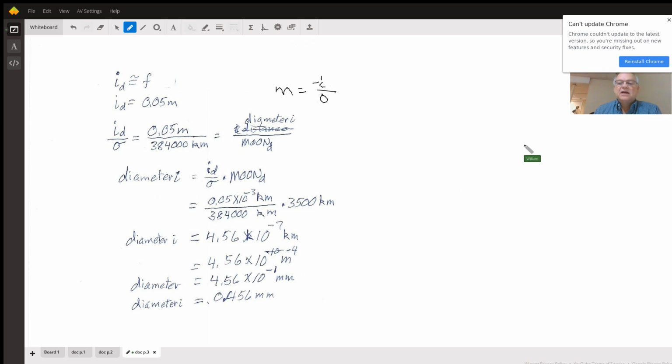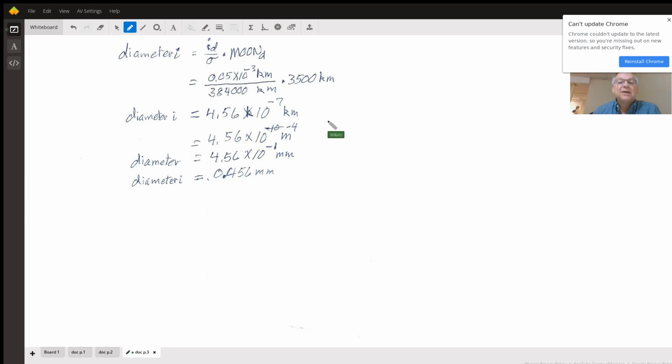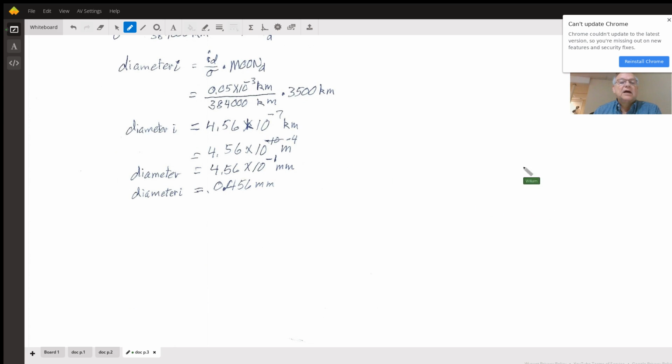So if we do the mathematics, we have to be careful to put everything in terms of kilometers. And we have the diameter I of the image equal to the diameter of the moon times the distance of the image from the mirror over the distance of the moon from the mirror. And so we have here the numbers.